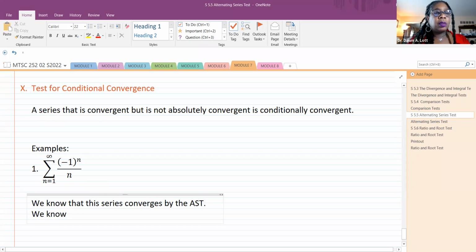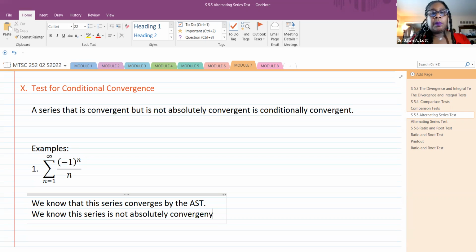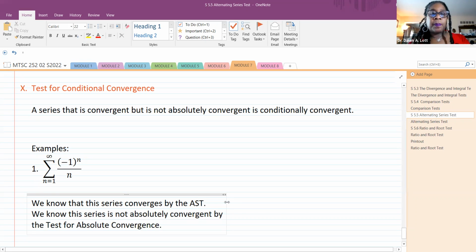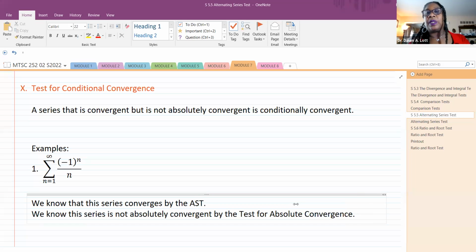We also know the series is not absolutely convergent by the test for absolute convergence. So therefore, we don't even really have to apply the last one as a test. We can just say, hence this series converges.